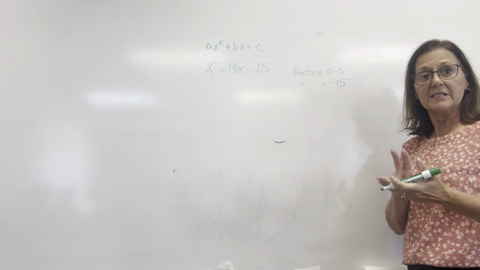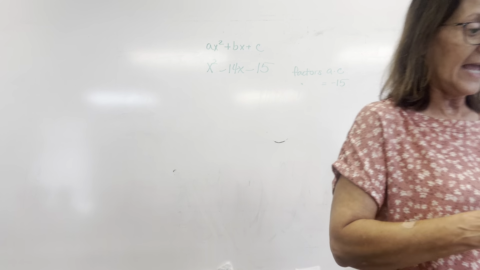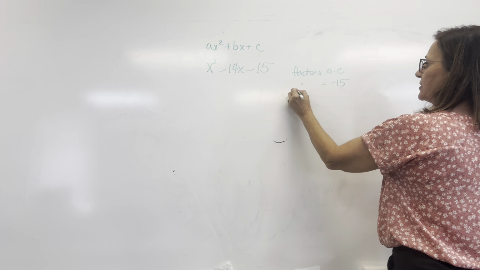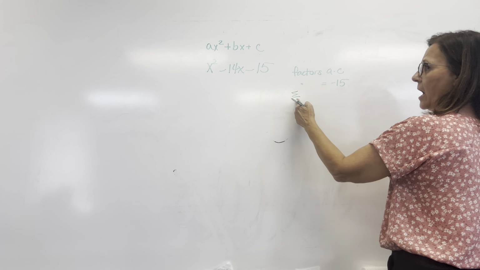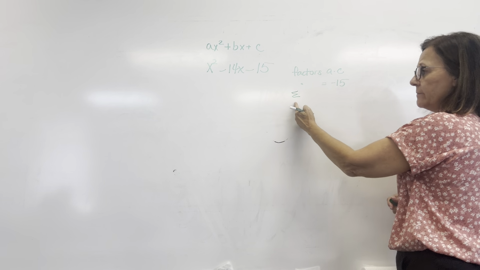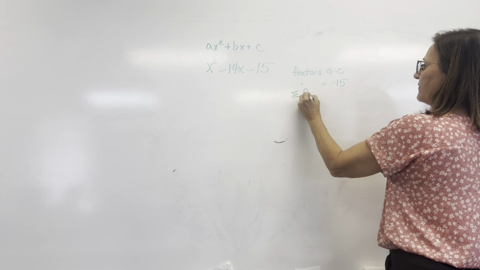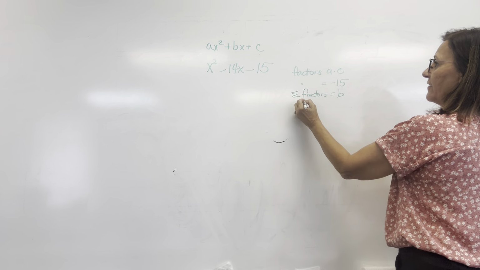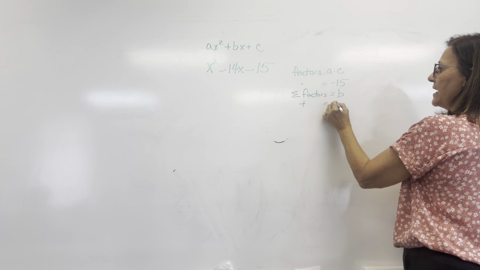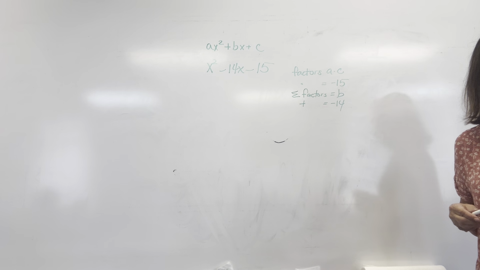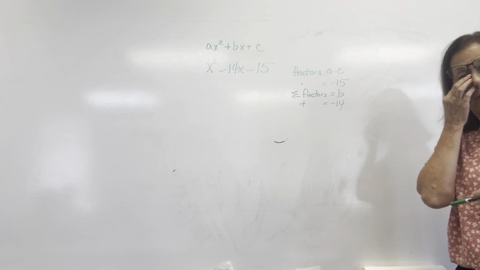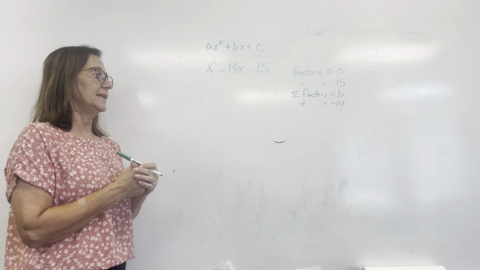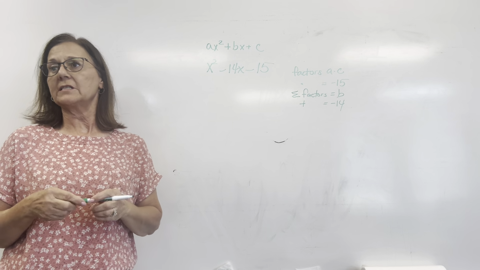Factors of a times c such that the sum, that means sum in math, sum of the factors equals the b value. So that if I add them, it equals negative 14. You're always asking those two questions. So, what are factors of negative 15 such that I add them, the result is negative 14?